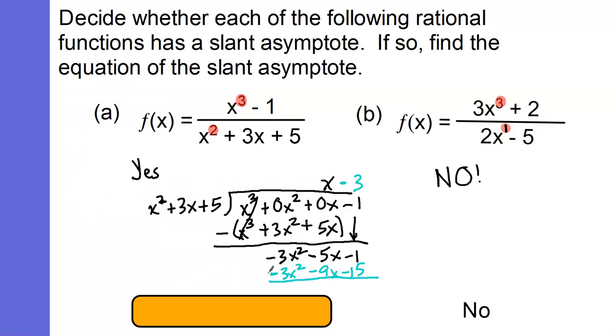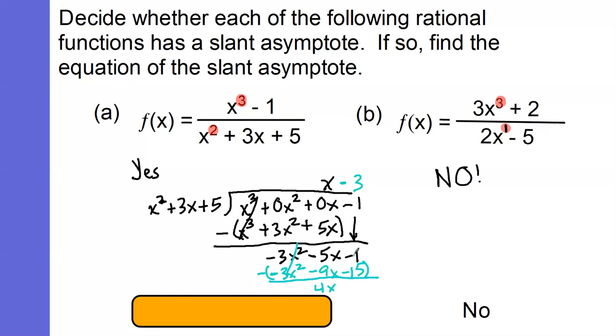And let's subtract. We're going to subtract this whole group of stuff. So negative 3x squared minus negative 3x squared, well, that's the same thing as adding. Subtracting a negative is adding. Negative 3x squared plus 3x squared, those are going to cancel out. Negative 5x minus negative 9x is the same as negative 5x plus 9x, so that would give me 4x.